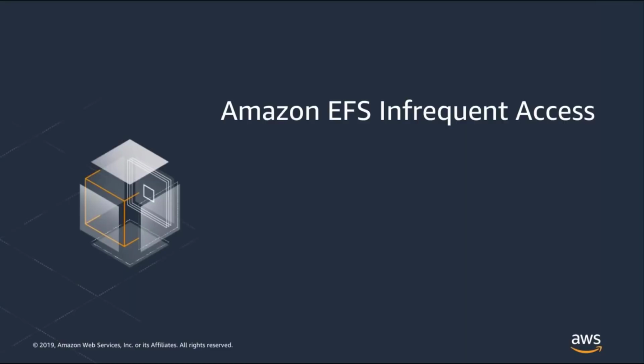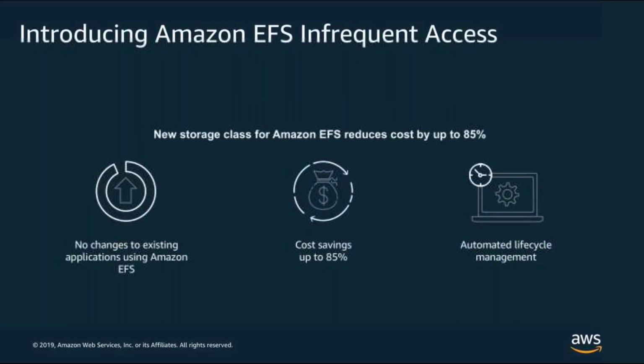What if we could automatically lower the cost of storing files as their access patterns are changing and they, again, are tailing off and becoming accessed less frequently? So that's exactly what we did. So the Amazon EFS Infrequent Access, or EFS IA, is a new storage class that can save customers up to 85% compared to the pre-existing storage class, which we're now calling EFS Standard.